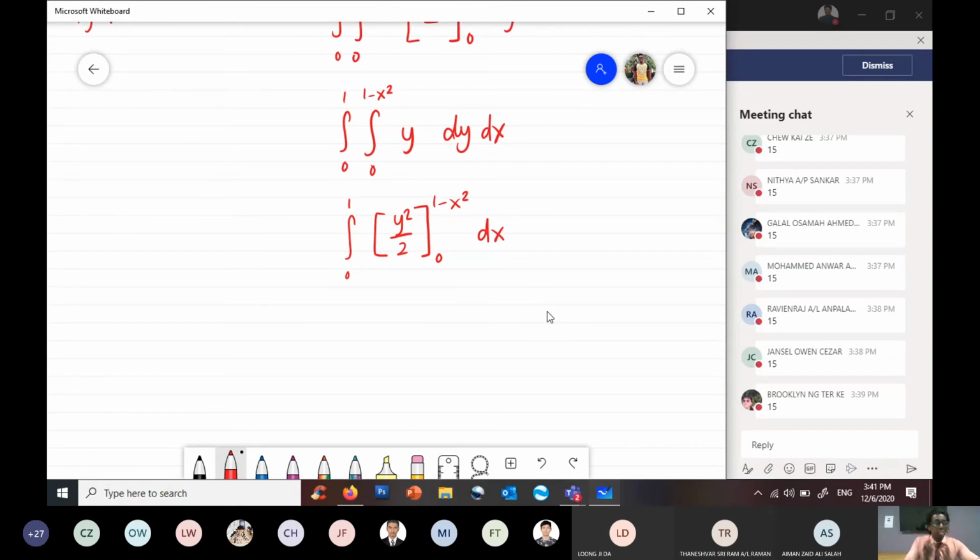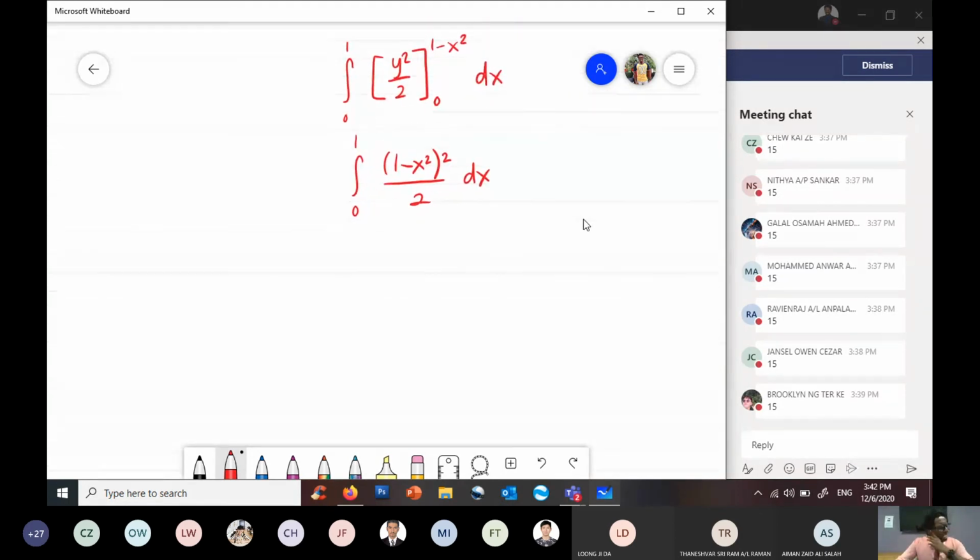There's a power 2 here, so you don't want to miscompute it. So, alright, anyways, let me just keep 0 and 1. And I put 1 minus x squared into the y, it becomes 1 minus x squared, the whole thing squared over 2. Okay, so if you want to immediately integrate this, I don't think it's that easy because you have a power and then a power outside it. So the most logical way is to just expand it. And I would like to bring the denominator outside because I don't like to see a power 2 there. But if you want to keep it, then you keep it.